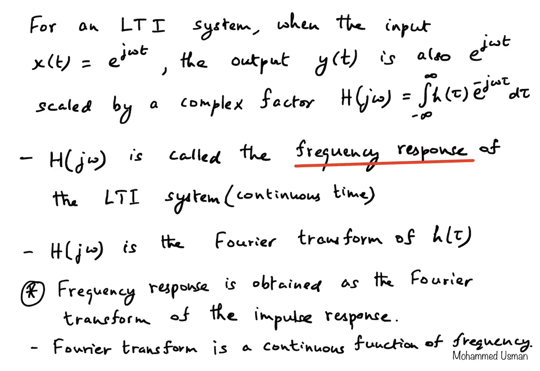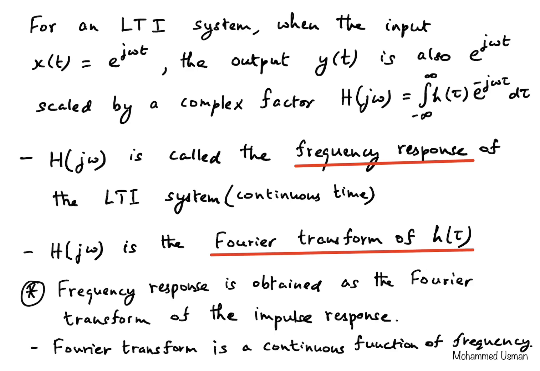It's called the frequency response of the LTI system. And the frequency response is nothing but the Fourier transform of the impulse response. So h of tau is the impulse response of the LTI system, and we take the Fourier transform of the impulse response to get the frequency response. So that's another important terminology.